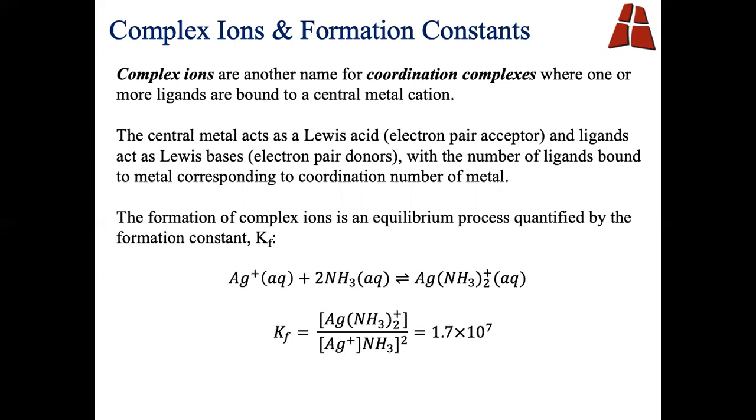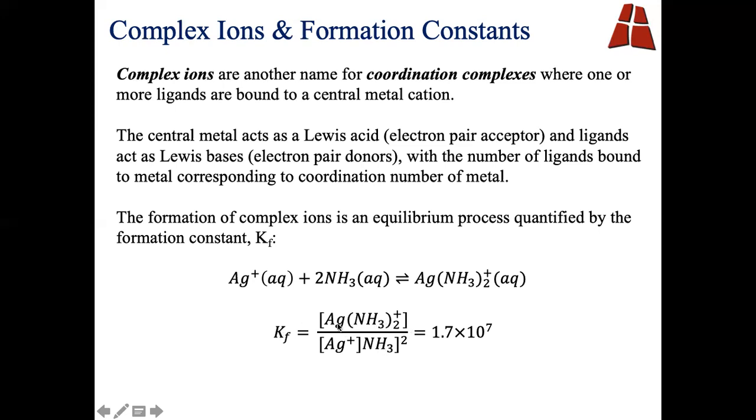If we think about this in terms of equilibrium, say we had our silver ion, Ag+, that's soluble. If that were to react with two equivalents of ammonia, NH3, it could form this complex ion that we'd call silver ammine. As always, we can measure an equilibrium constant by taking our products over our reactants.